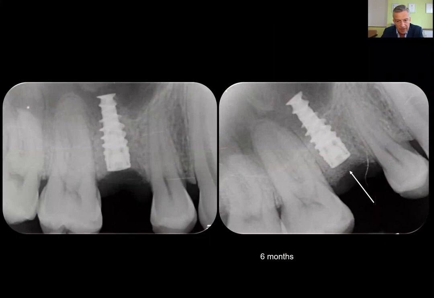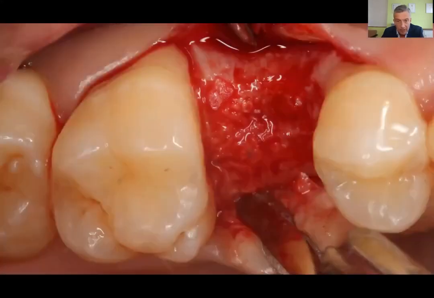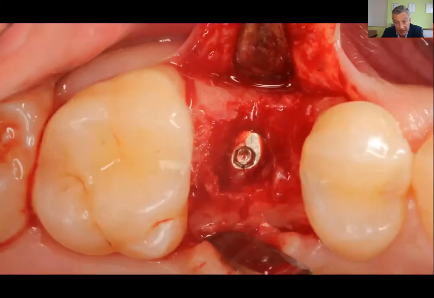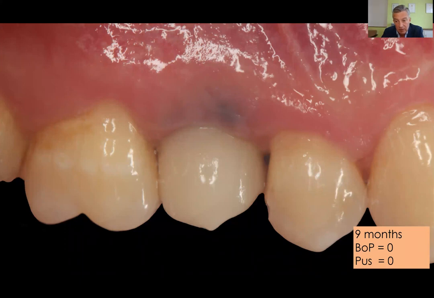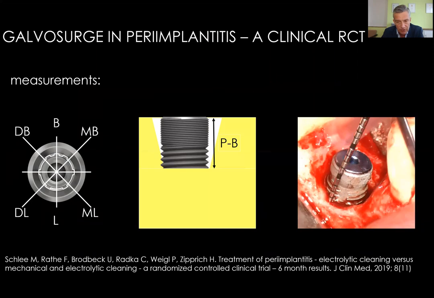On the X-ray, we found bone which grew on top of the implant on the left side after augmentation when the patient left us after surgery. On the right side, the situation after 6 months. I don't understand the amount of bone on top of the implant. When we opened it, we had to remove bone to get access to the implant again. This is after 9 months, so no bleeding on probing, no pus. So we had an absolutely stable situation.